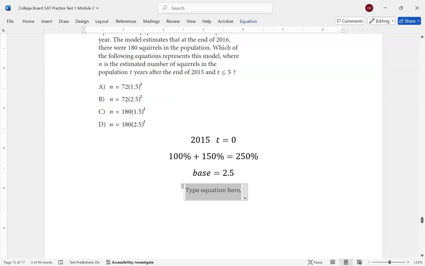And when you take 72 times 2.5 raised to the first power, you end up getting 180. So that's what we want, and therefore we want the number of squirrels to be equal to 72 times 2.5 raised to the T power. And again, that's option B.